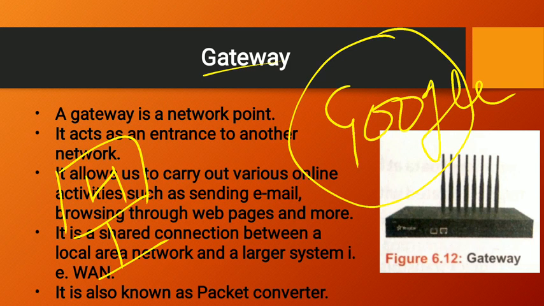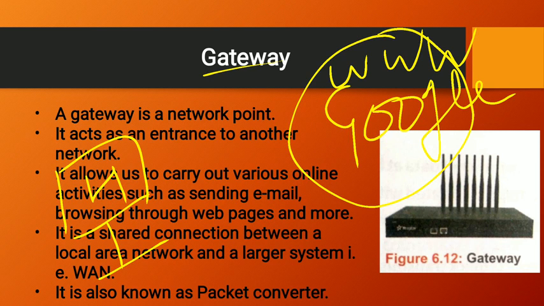So you are going to connect your own or a small network with a large network, or we can say the world wide web, www. When you are going to connect with this network, you need a gateway, and that gateway is your network point. That network point can be your mobile phone, or Wi-Fi, or your internet connection.